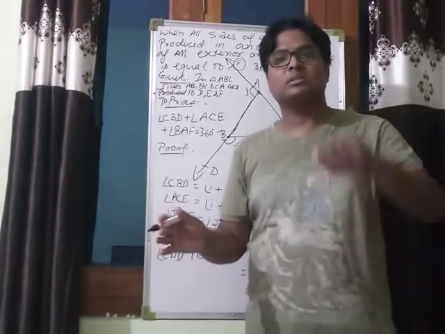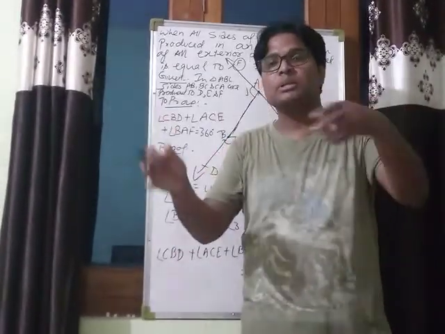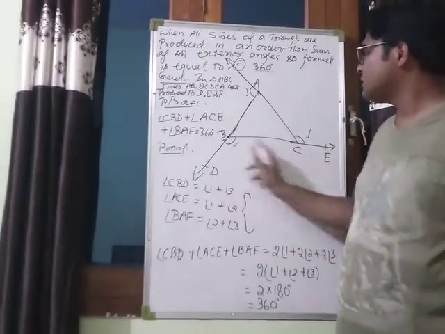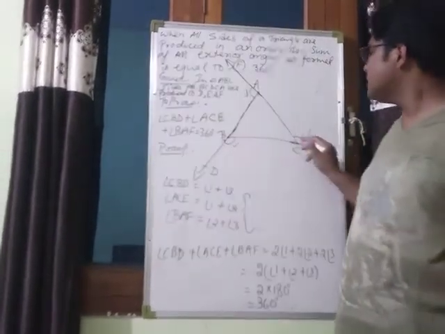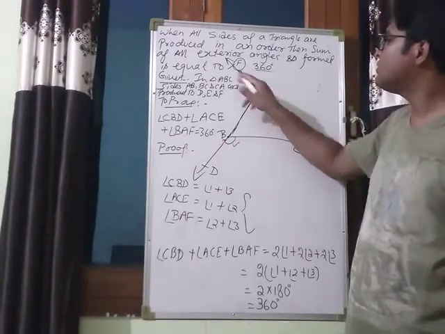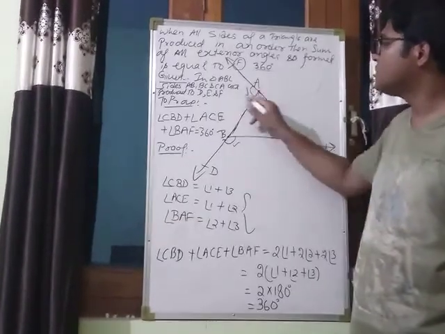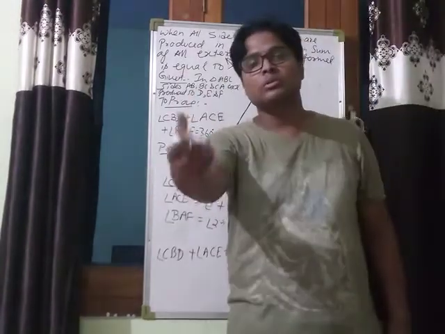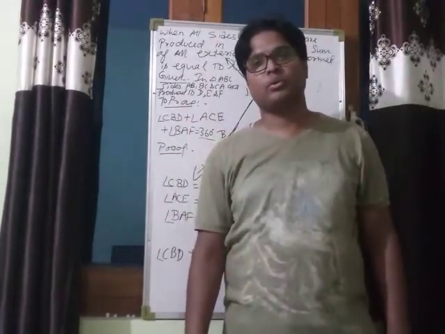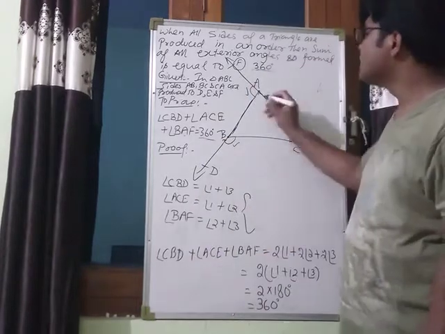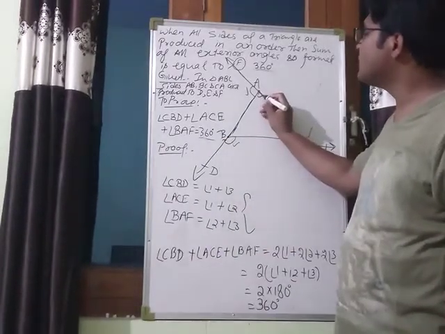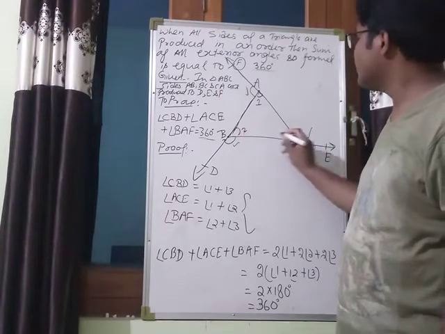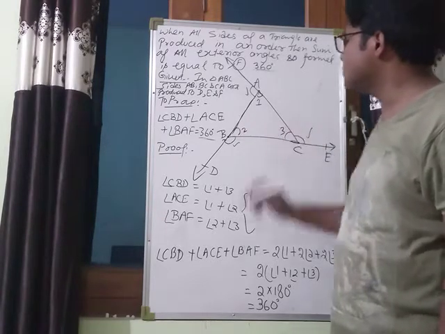The question asked is to prove that their sum is equal to 360 degrees. The sum of angle CBD, angle ACE and angle BAF is equal to 360 degrees. We have to prove this. Okay? See, suppose these interior angles are angle 1, angle 2 and angle 3. That is a very easy proof.